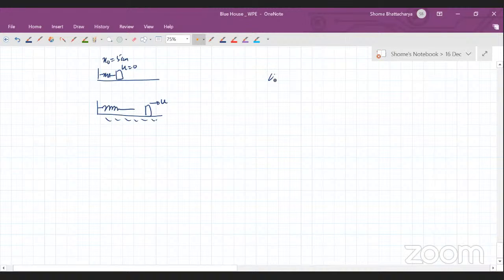So what is happening? Change in kinetic energy plus change in spring's potential energy should be 0 for going from here to here.